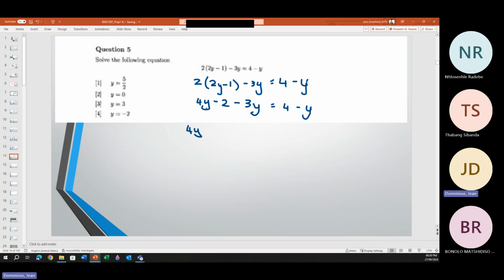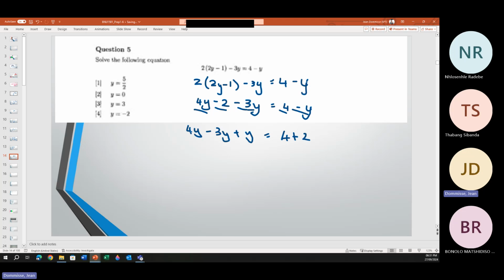I've got the 4y minus 3y, and the minus y, if I take it to the left side, becomes plus y. Then I will take all the constants to the right-hand side. So I've got the 4, and the minus 2, if I take it over, becomes positive 2.